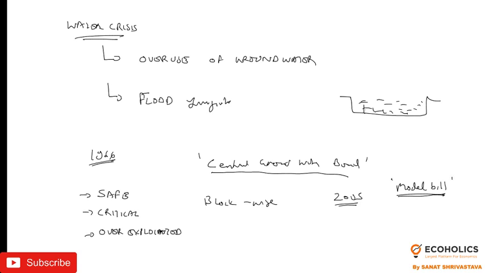Now the government prepared the model bill that is expected to be enacted by the states as well as the union territories in India to regulate or control the development or the management of the groundwater. This bill seeks to make unregulated groundwater extraction a punishable offense.